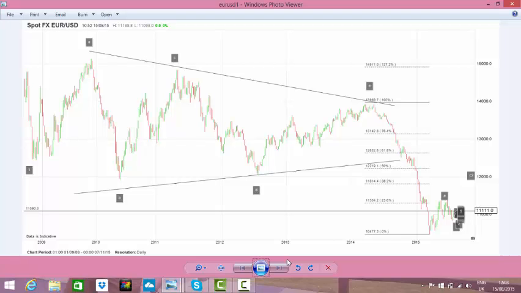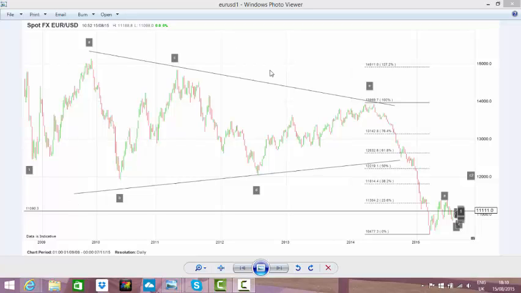So since the 08 low, which was about November 08, we've had this very large contracting triangle, which played out over a number of years.